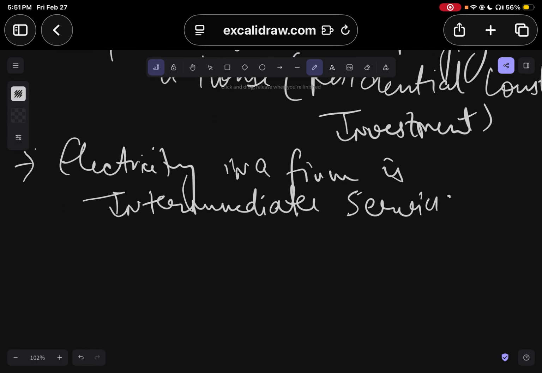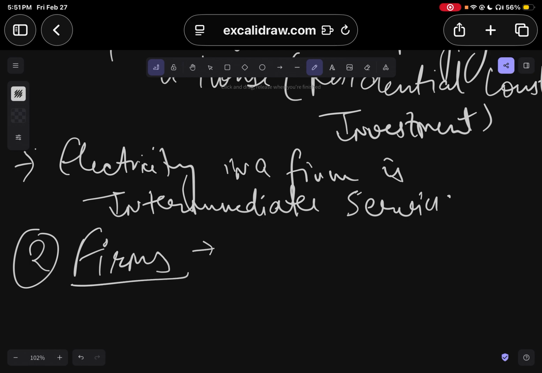So let's move to firms. Firms are all production enterprises. The firm uses primary inputs supplied by households and secondary inputs like raw materials to produce goods and services.